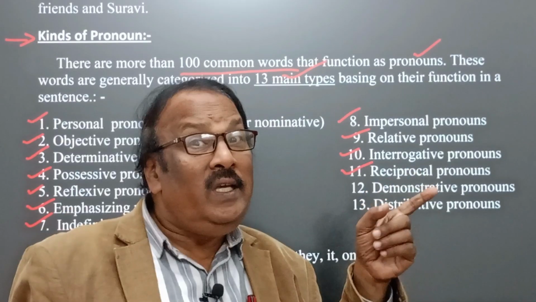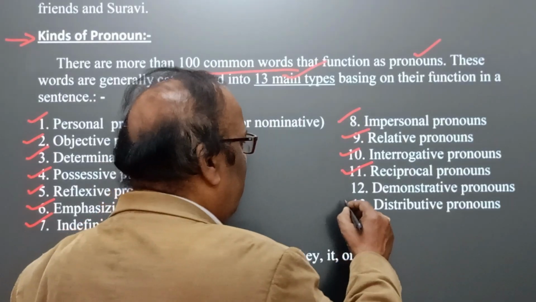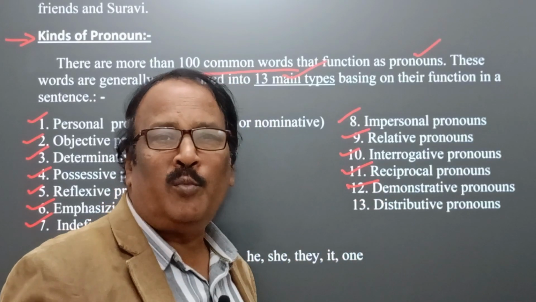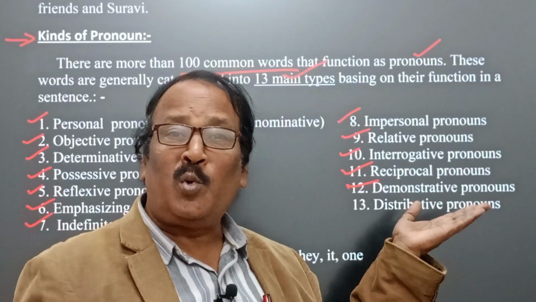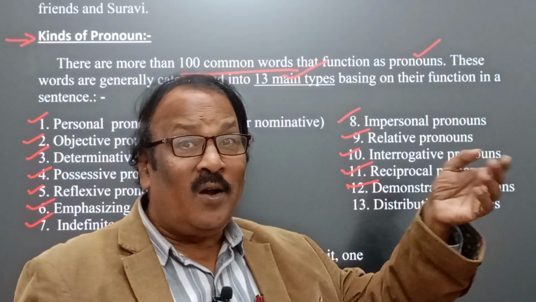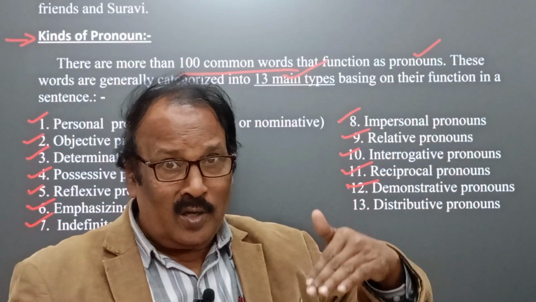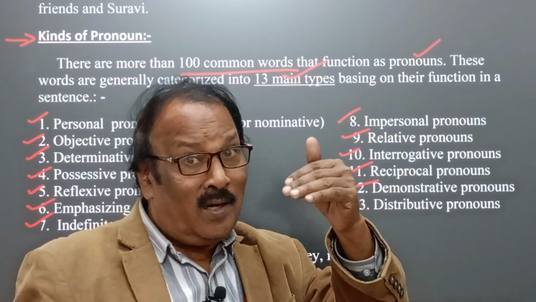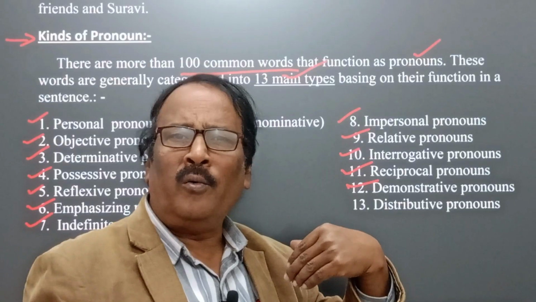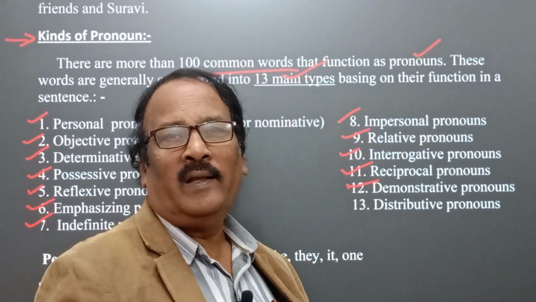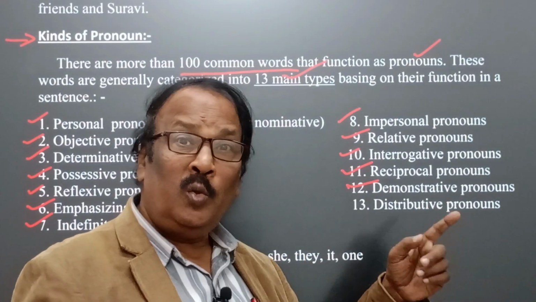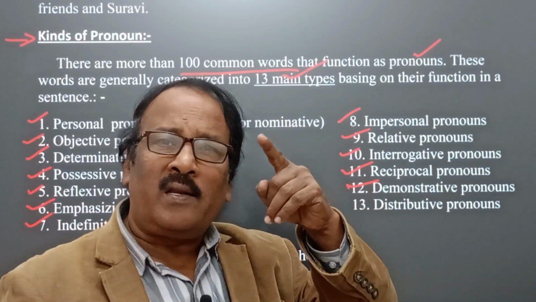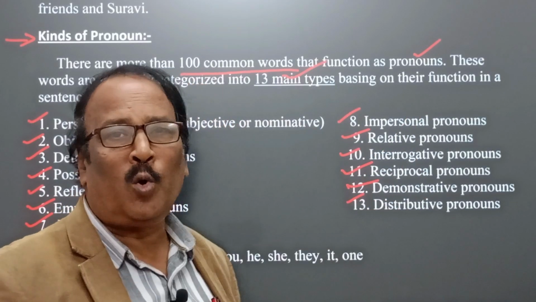Reciprocal pronouns: each other, one another. Another, that is demonstrative pronouns. Yes, these pronouns demonstrate or point out the nearer or distant things, remaining before the noun. This, that, these, those hills, that hand. And distributive pronouns.